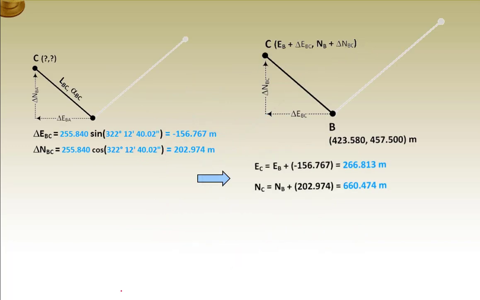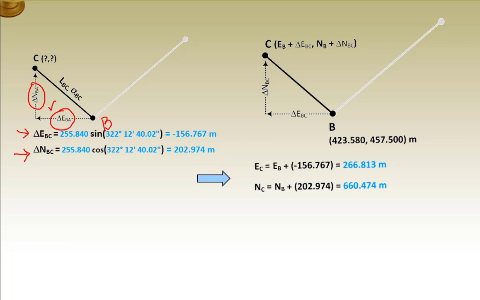So what are we going to do with it? We have to calculate the departure of the line between B and C. So we're going to calculate the departure and we calculate the latitude. These are the equations.